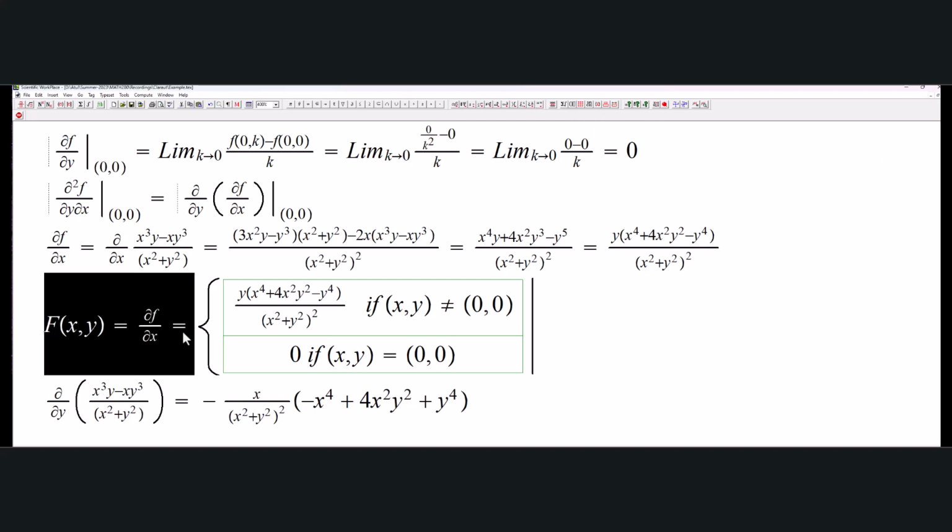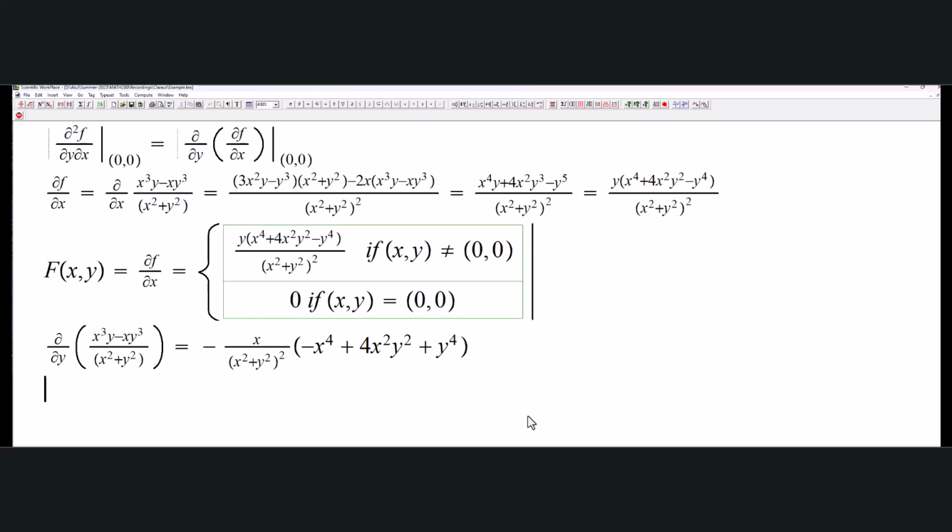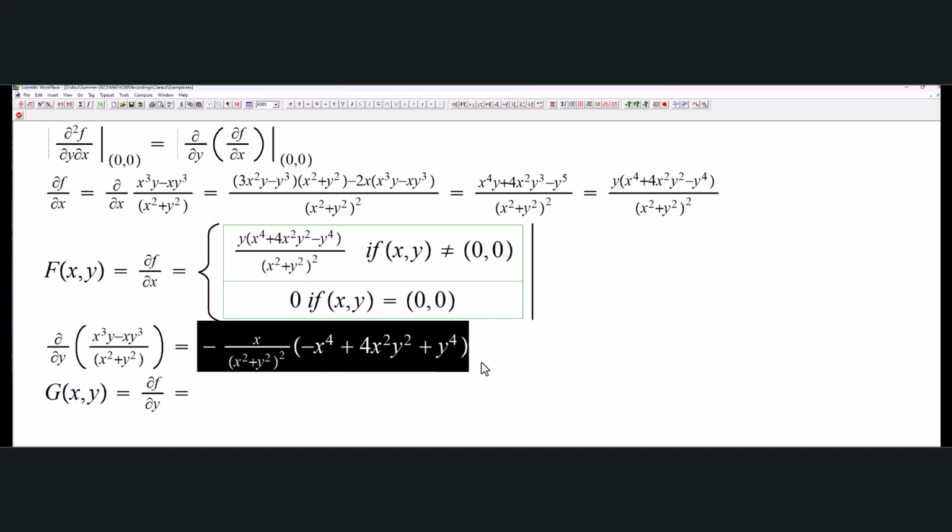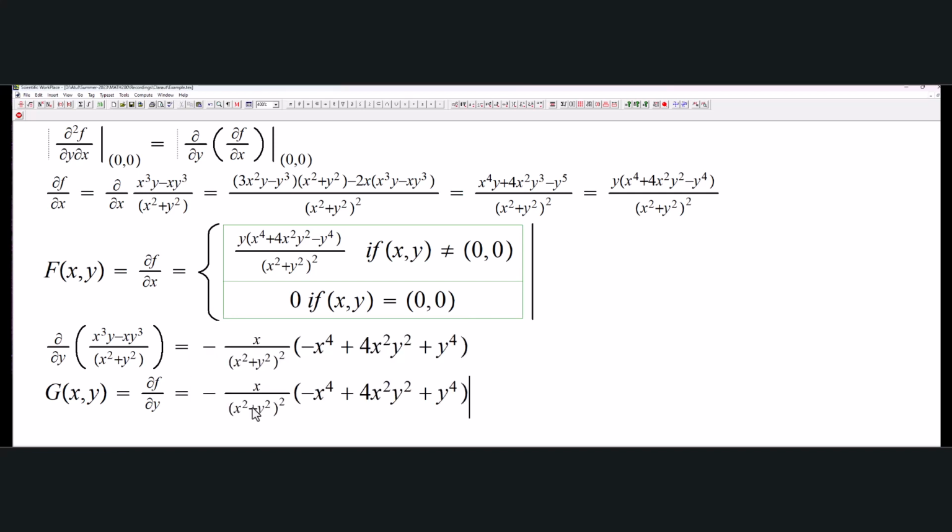So what I will do now is first change this to G, and now I'm writing df dy, because I will be differentiating with respect to x. So that quantity equals this if xy is not equal to 0, 0, and I think we can bring it up here. Wouldn't hurt.